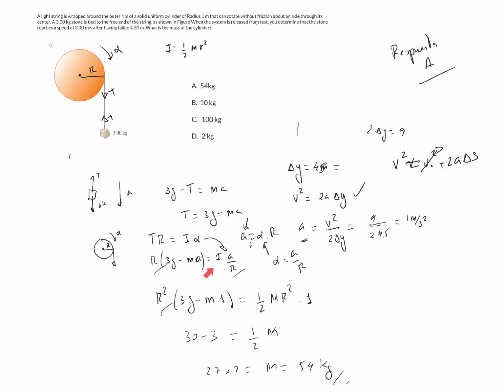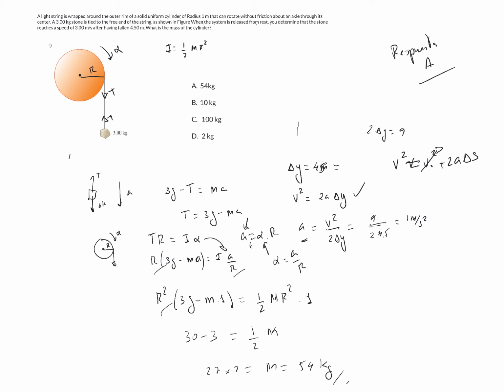The radius is 1 meter, so 1 squared is 1. 3 times g is 30. 30 minus m, which is 3 kilograms, gives 27, equals 1/2 m times 1 squared. So the mass is 2 times 27, which is 54 kilograms. So the correct answer is 54 kilograms.